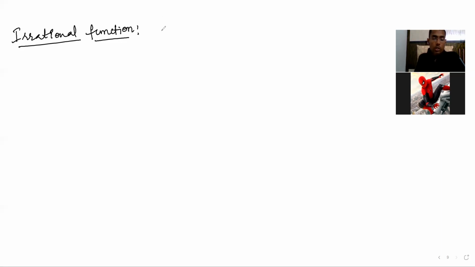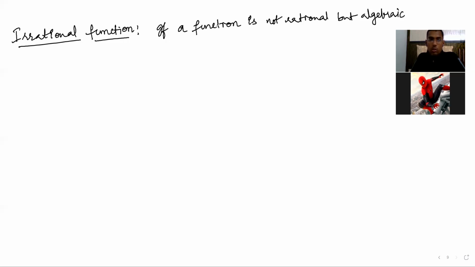An irrational function has some square root, cube root, a root is there. If a function is not rational but algebraic.